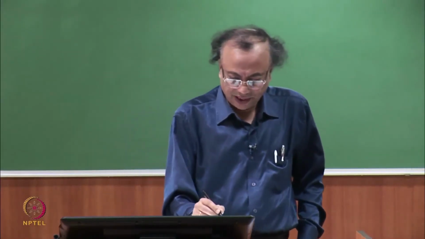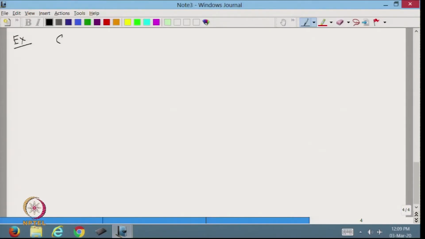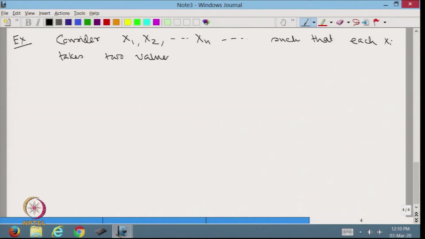So, let me give an example. Consider x 1, x 2, x n such that each x i takes two values as follows.